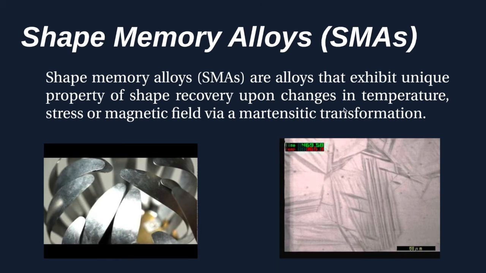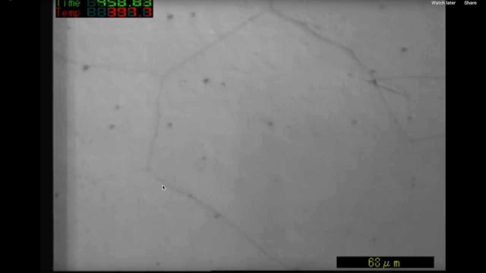Usually in most of the alloys, the shape recovery or shape memory property is exhibited because of this martensitic transformation. So I will show you the video first. So what is martensitic transformation? If you see, this is the grain boundary.